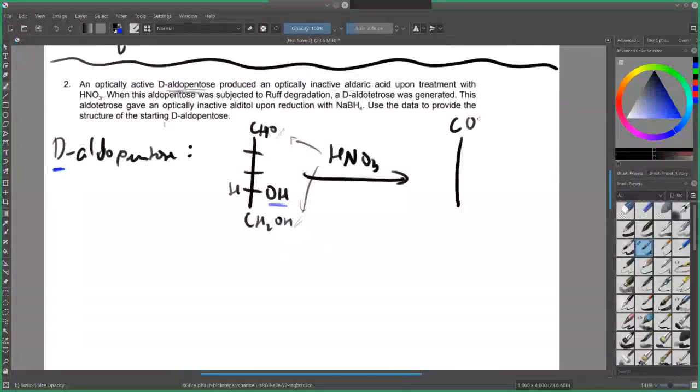So up here we get an acid, and down here we also get an acid. Okay, we know what's down here, the alcohol at the bottom, and they told us that this thing is optically inactive.